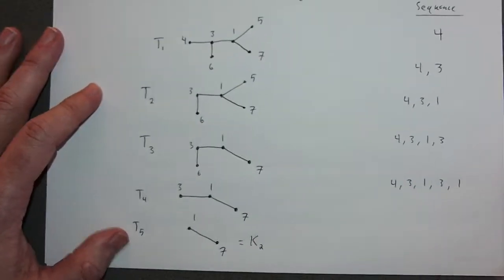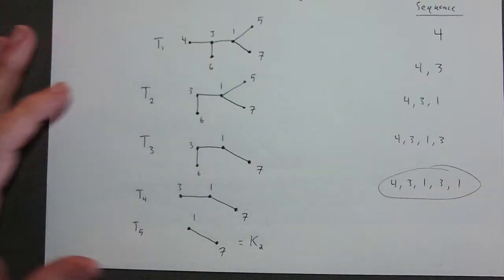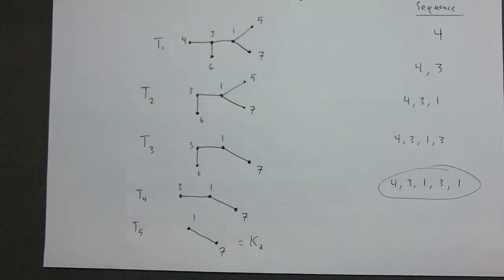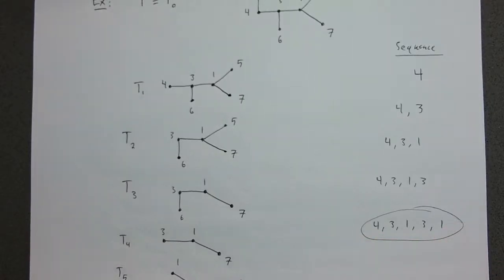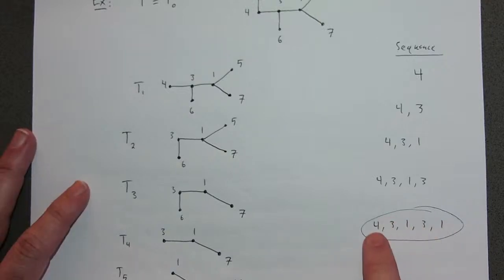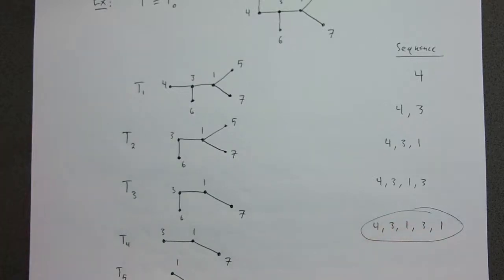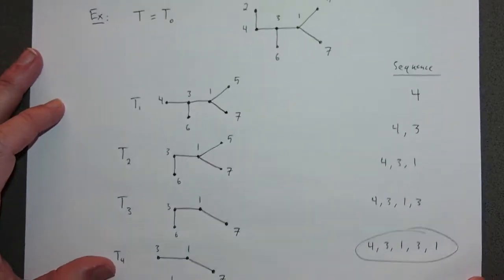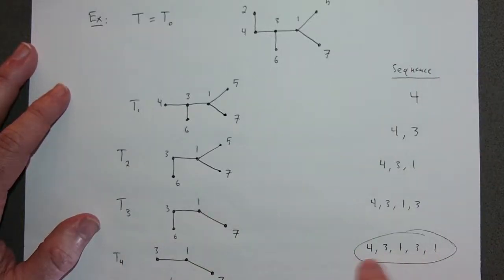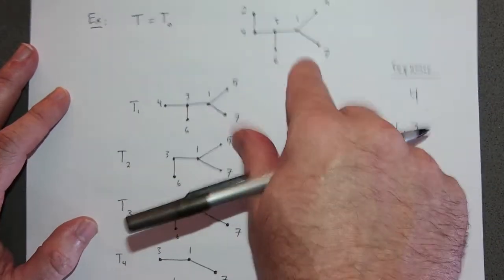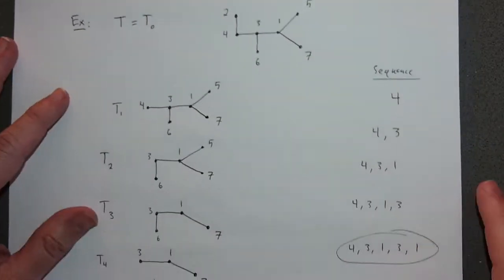So I stop and say that this is the sequence consisting of 5 entries. So here's my sequence of 5 terms, describing this process of assigning a sequence with 5 terms to this graph.